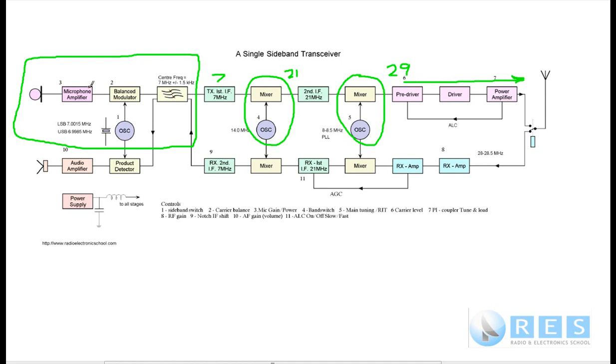So I think you should have a pretty good understanding of an SSB transmitter. And when you look at it, there are only amplifiers, oscillators and filters. There isn't anything else. The microphone is an audio frequency amplifier, amplifies frequencies between 0 and 3 kilohertz, that's voice frequencies.